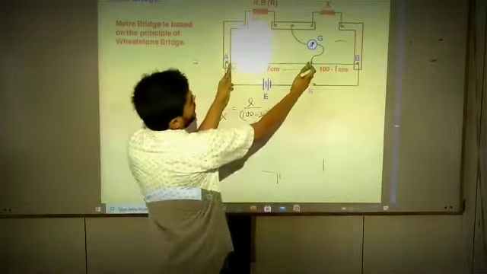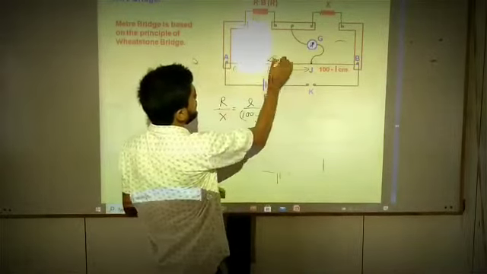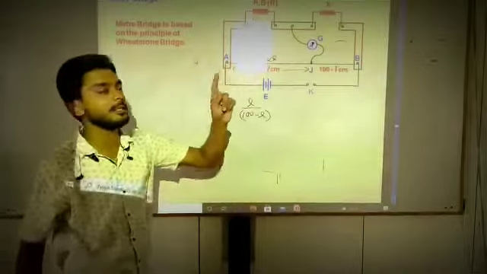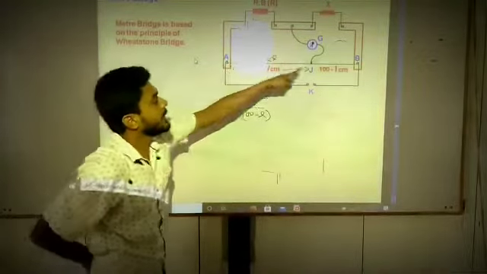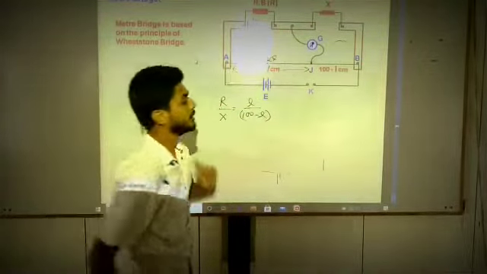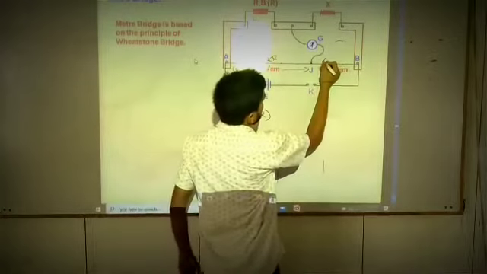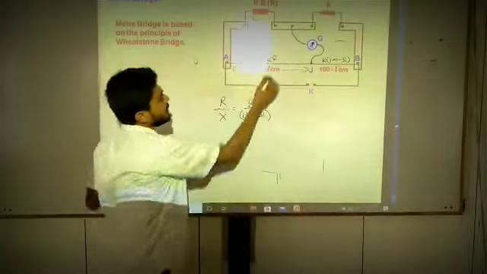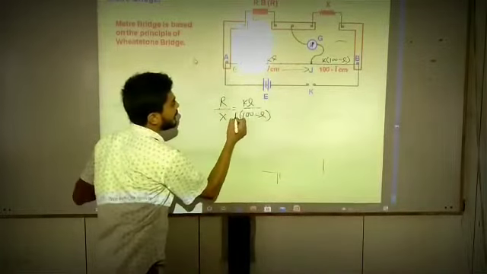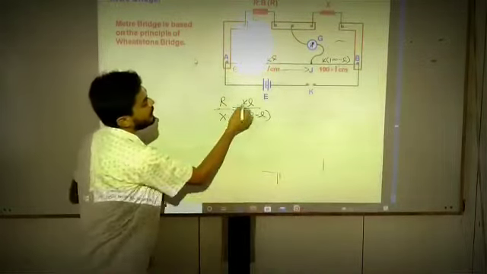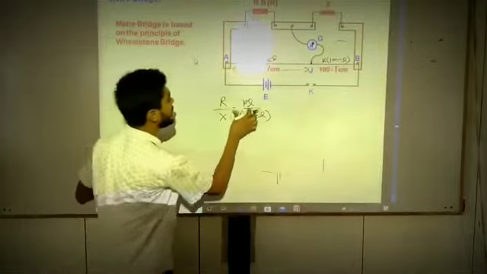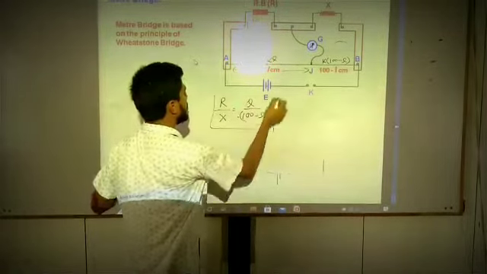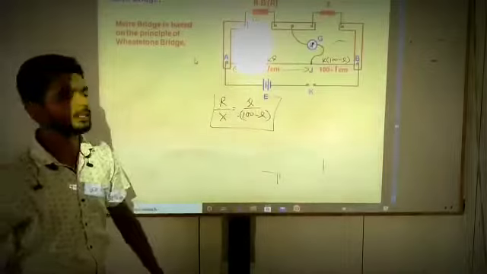Then the resistance of this wire will be KL, because for 1 centimeter the resistance is K, so for L centimeter the resistance will be KL. Similarly, for the other part it is K into 100 minus L. If you put these values, K will cancel out and you will find R upon X is equal to L upon 100 minus L.